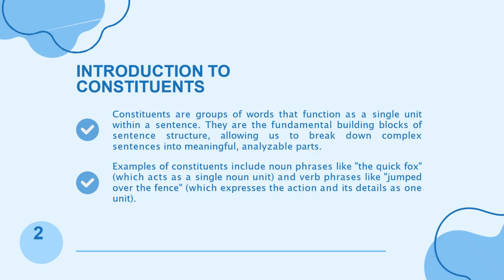For example, in the phrase the quick fox, all three words function together as one unit, so they form a constituent. If we see another example, jumped over the fence, this acts as one single unit and forms another constituent. Understanding constituents helps us identify how words connect and create meaning in a sentence.